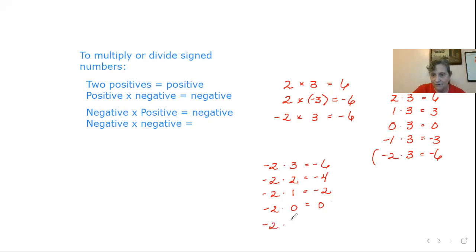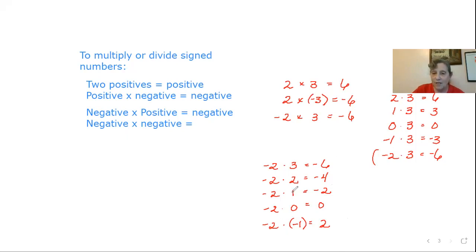So what about -2 times a -1? Well, here, -6 plus 2 is -4. If we're at -6, we have to move 2 to the right to get to -4. 2 more to the right will move us to -2. 2 more to the right will move us to a 0. 2 more to the right would be a +2.